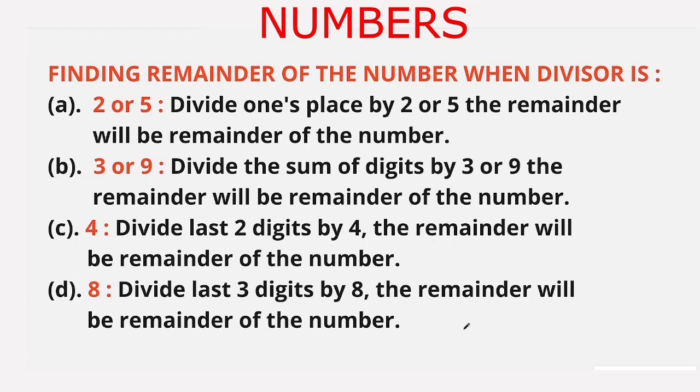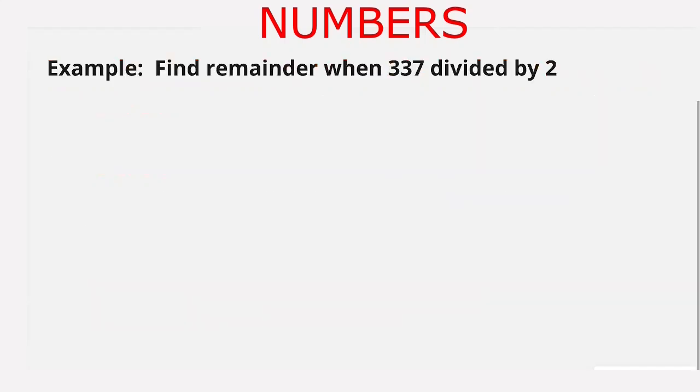Now we will solve a few examples for all these four points A, B, C, D, and we will learn to find the remainder. The given example is: find the remainder when 337 is divided by 2.